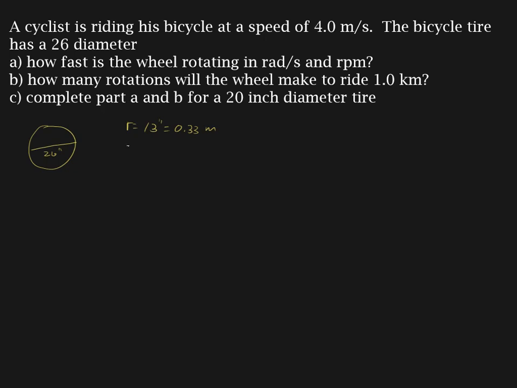Now we know that the velocity is 4.0 meters per second, and we just want to know how fast the wheel is rotating in radians per second and then revolutions per minute. So for part A, we're going to relate the velocities.